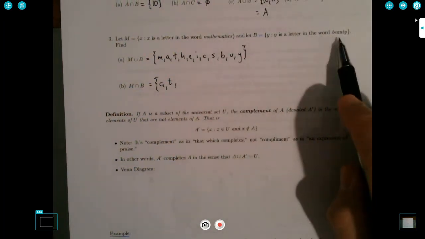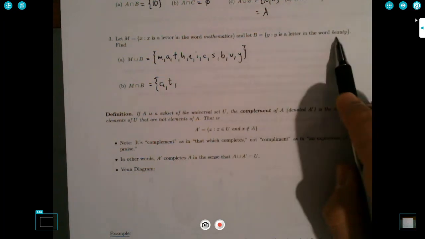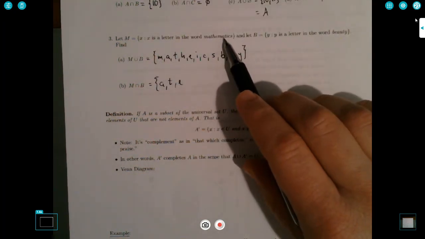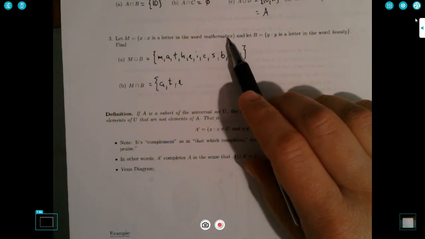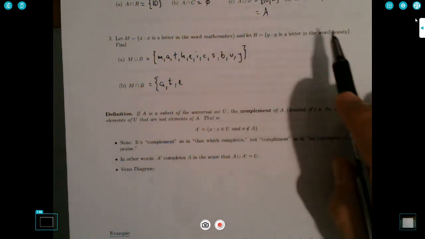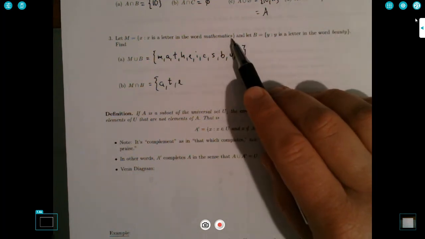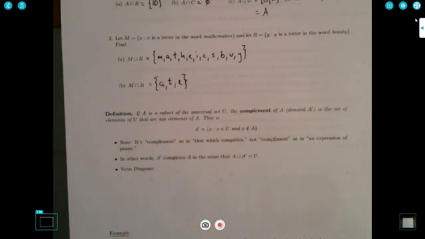Mathematics has an H, but beauty doesn't. An E, and so does beauty. I is in mathematics, but not beauty. C is in mathematics, but not beauty. And S is in mathematics, but not beauty. So they only have those three letters in common: A, T, E.